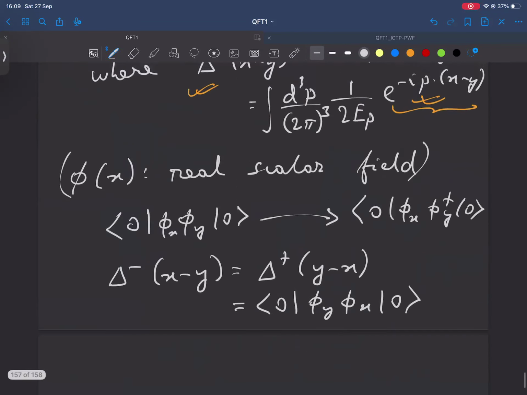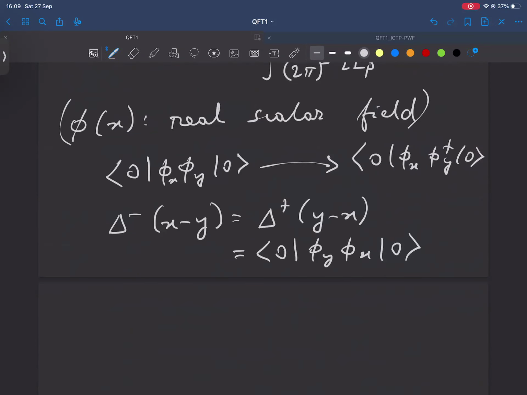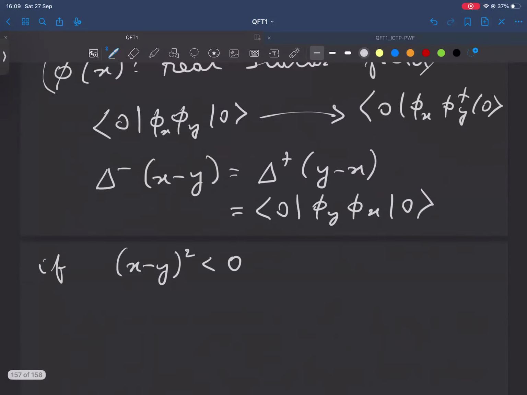And now recall that this is something nice. Why? Because you would remember from our discussions in the scalar field case that if x minus y squared is space-like separated, then we already know that this quantity, delta plus minus delta minus of x minus y, is 0.